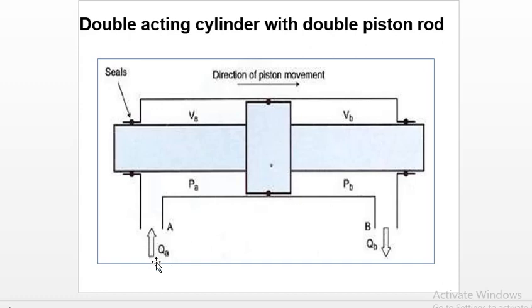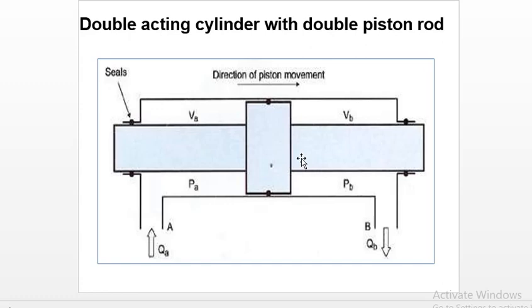Means whatever pressure develops from either this side or this side, both will be the same because the area is the same. So the velocity during the operation is the same, and whatever discharge we require to move this actuator is again the same.